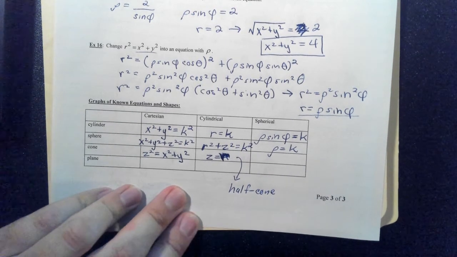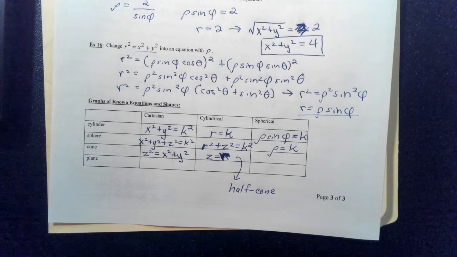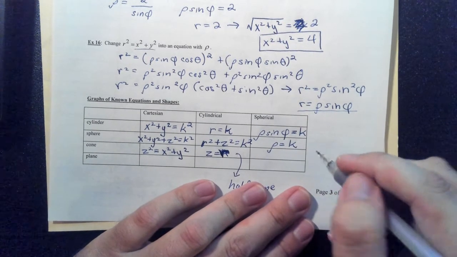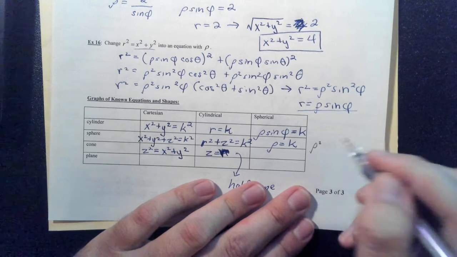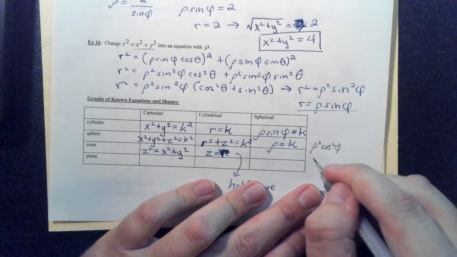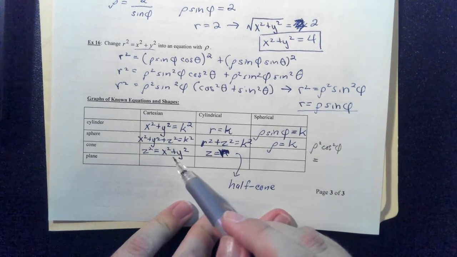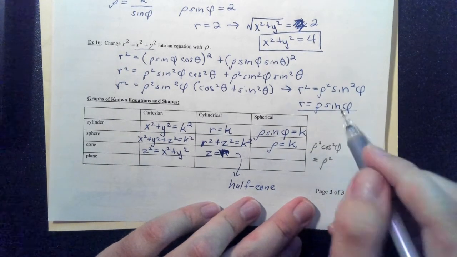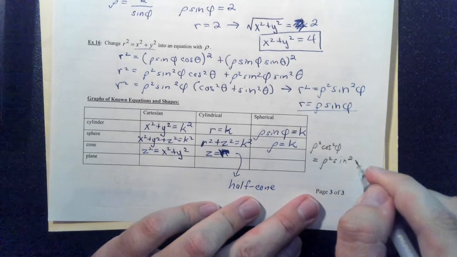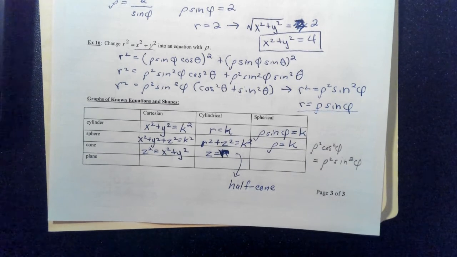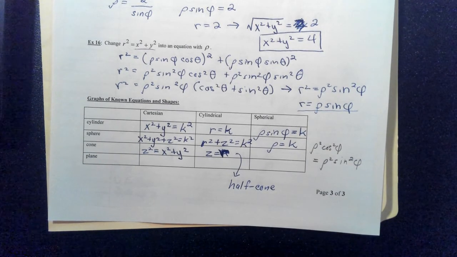In spherical coordinates, what would I have for a cone? Well, it's not especially pretty. I'm going to write it off to the side here. I would have rho squared cos squared phi is equal to x squared plus y squared, which we know is r squared. So if I am a little bit clever, then I can get this. Rho squared cos squared phi equals rho squared sine squared phi.